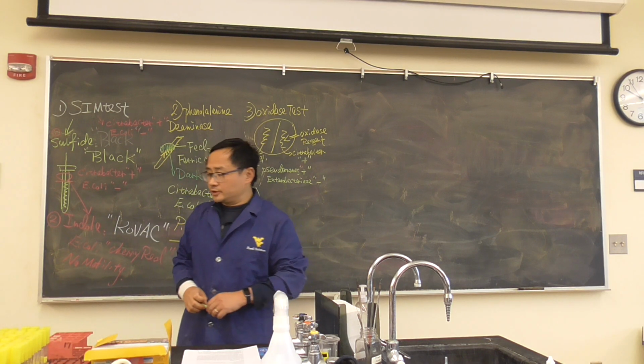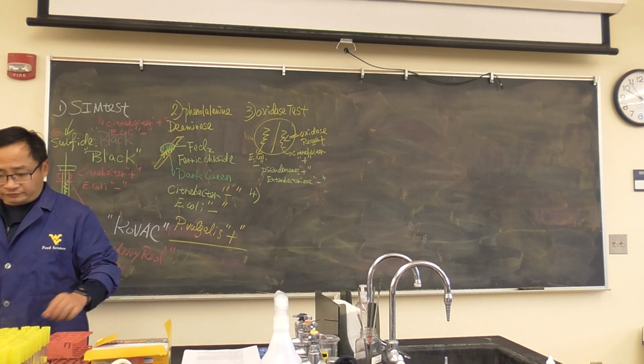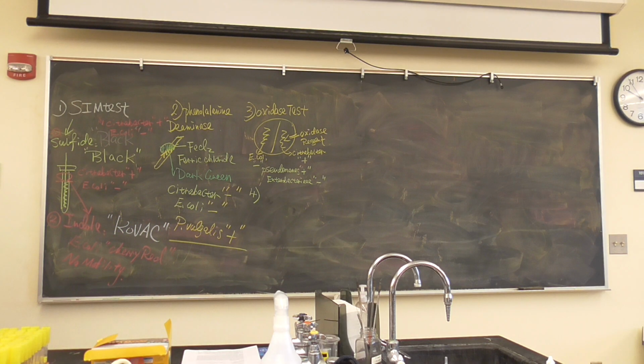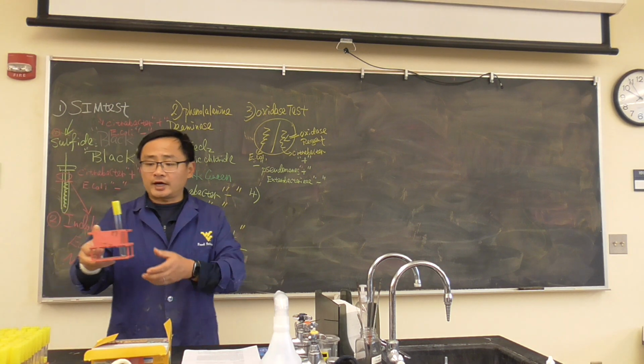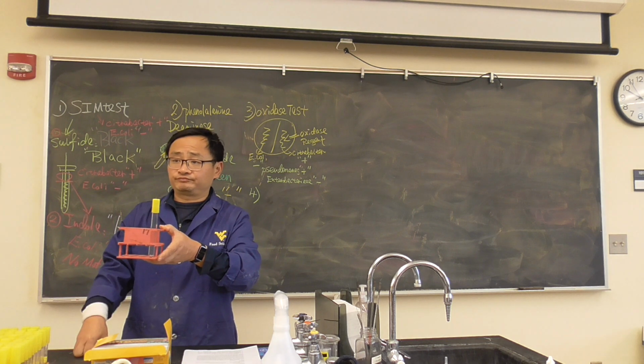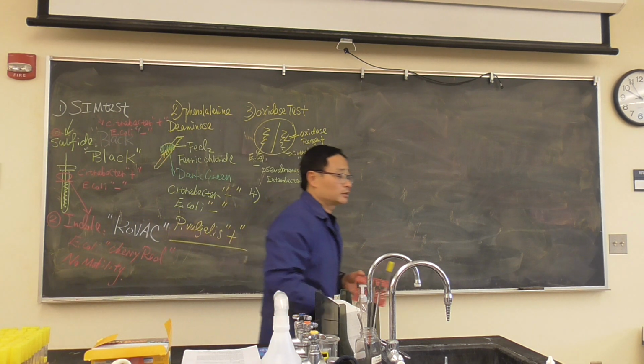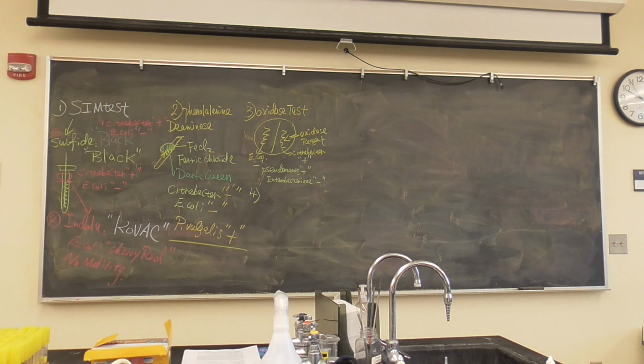Okay, this experiment you have to do by yourself. What you do? You come here to get an empty tube, and you dump them in the half. So let's say I'll give you an example. Okay, let's just have a one tube.